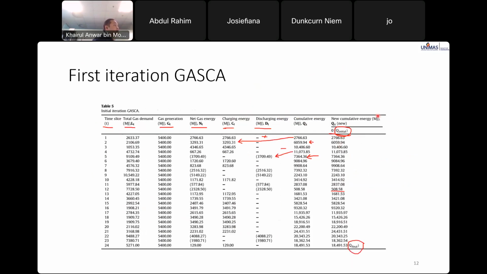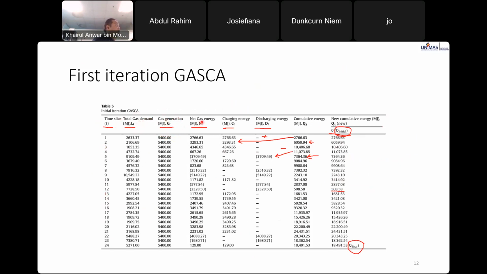First iteration of JASCA. We average the time slice in ascending order. Total gas demand is from table 4. So LT equals the summation of zero. So gas generation, this is the initial value. The initial value is based on the current process area in that farm.